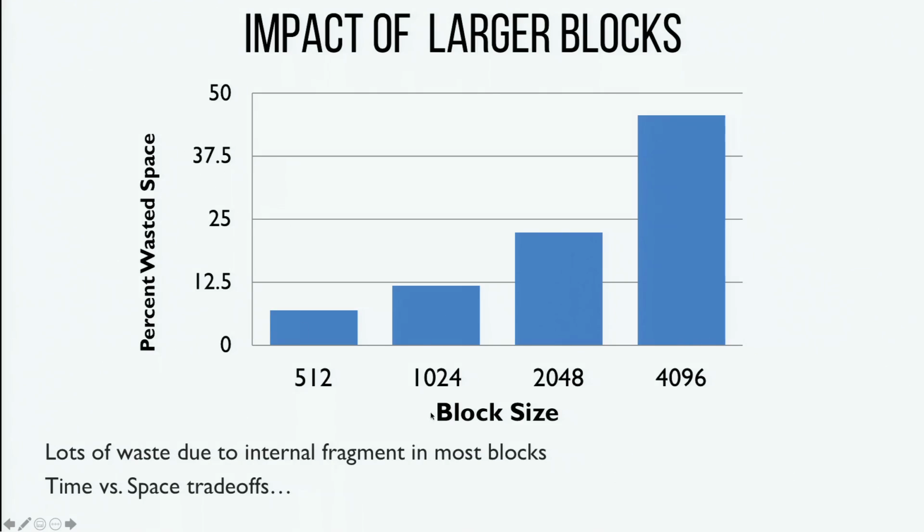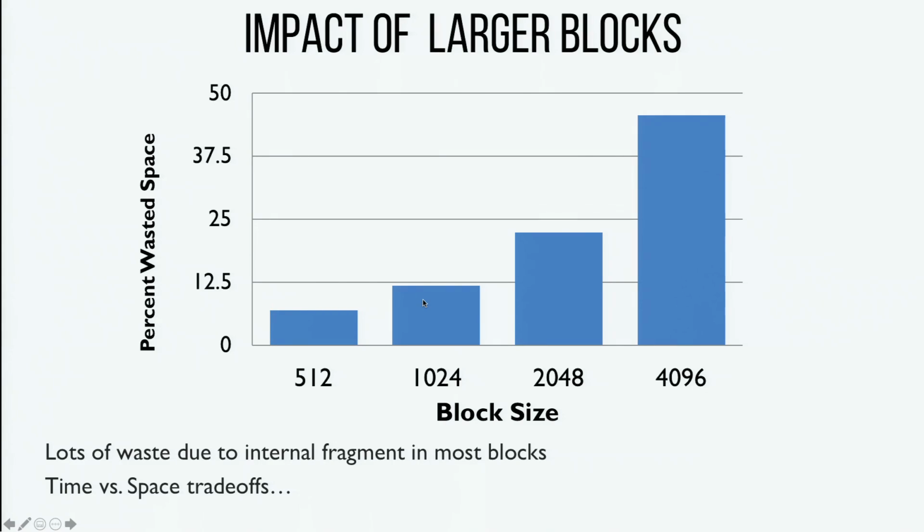So what if we just tried to increase our block size? This is a graph showing how much space was wasted in the FFS system as they increased the block size. If you compared the actual data that the user cared about and how much extra space they had to allocate, with 512 byte blocks there was just that little bit of extra internal fragmentation that would make them waste 8% of the space.